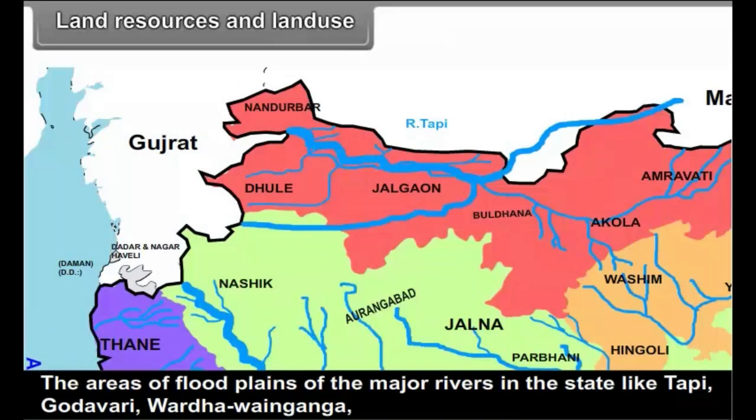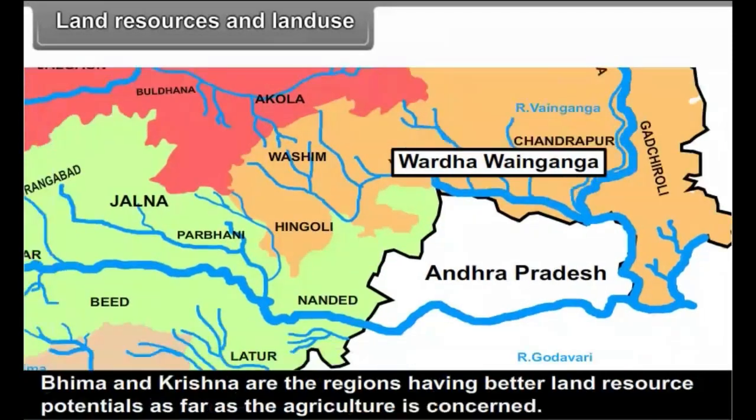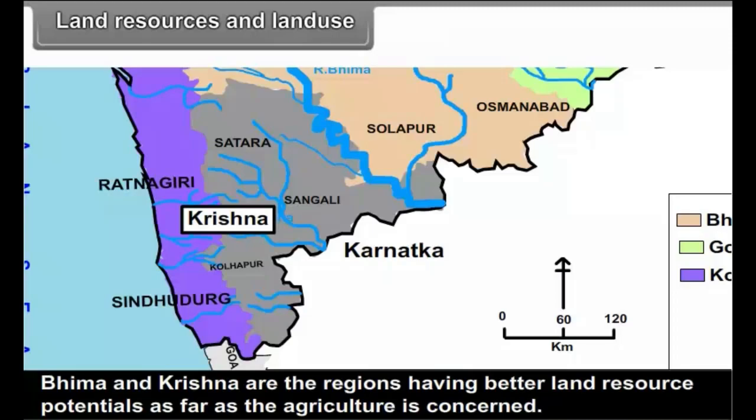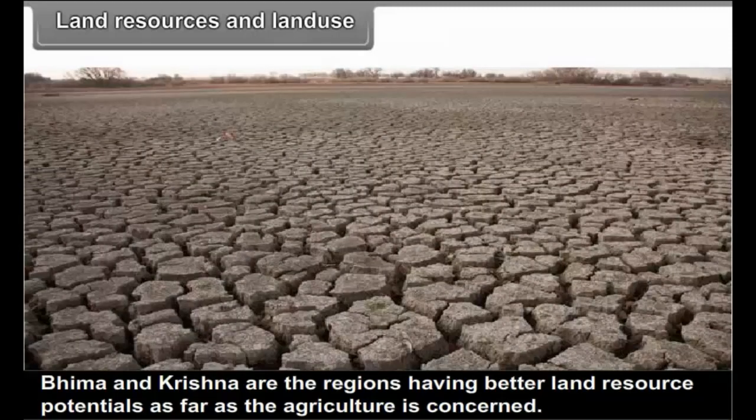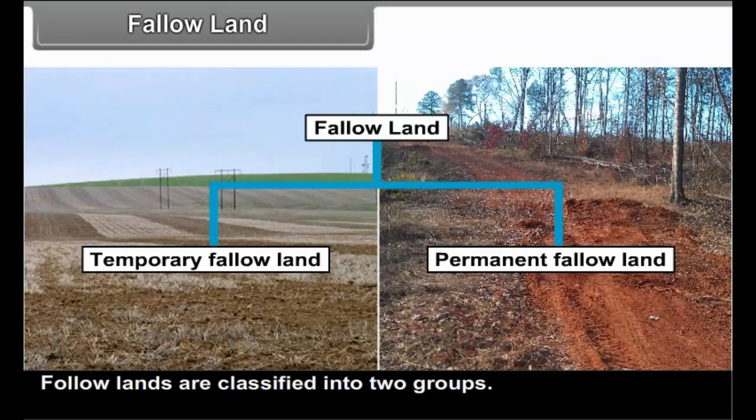The areas of floodplains of the major rivers in the state like Tapi, Godavari, Wardha, Wainganga, Bhima and Krishna are the regions having better land resource potentials as far as agriculture is concerned. Fallow land. Fallow lands are classified into two groups.